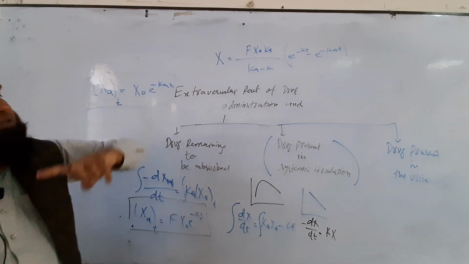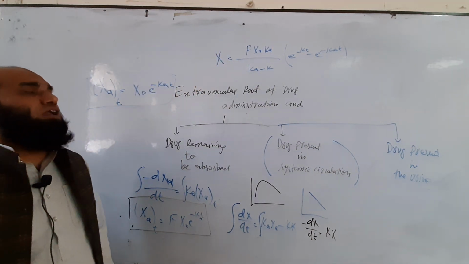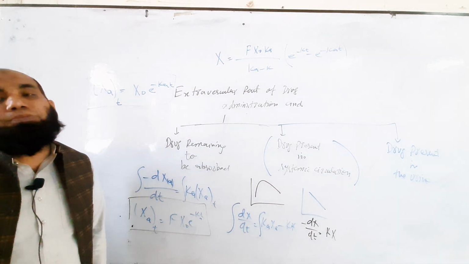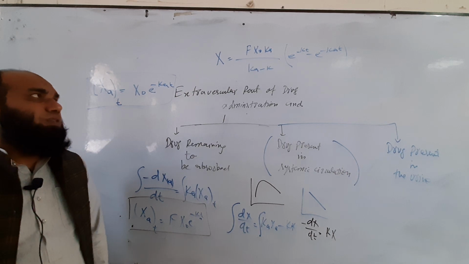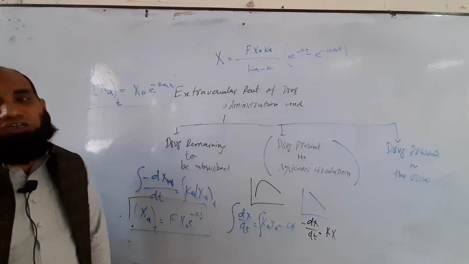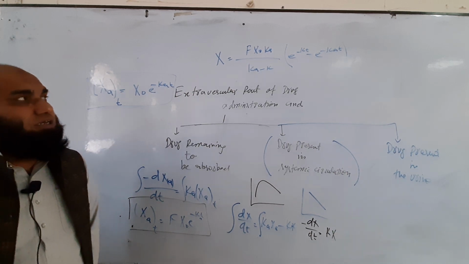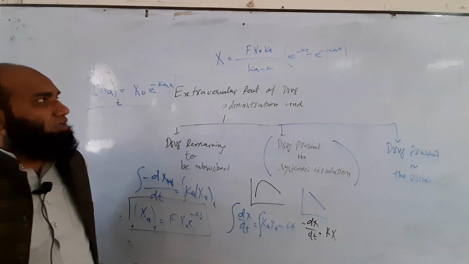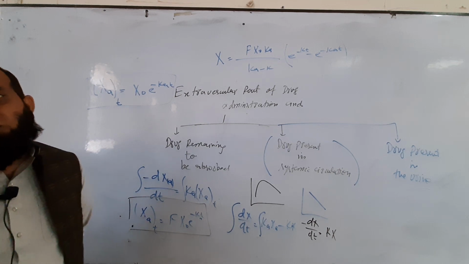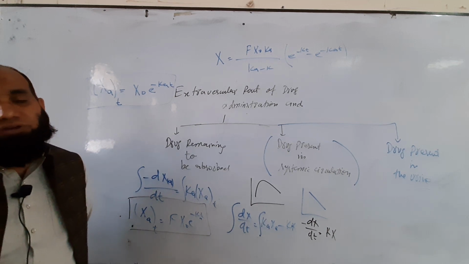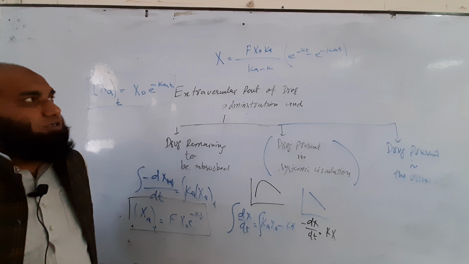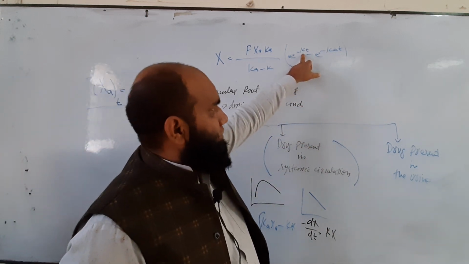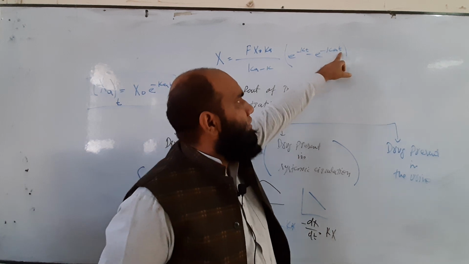Now what are the factors? Here are some important factors. F is the fraction of the drug which is absorbed, which is basically bioavailability. X naught is the amount of initial dose of the drug. Ka is the absorption rate constant, and then the difference of the absorption rate constant and elimination rate constant, and then time.